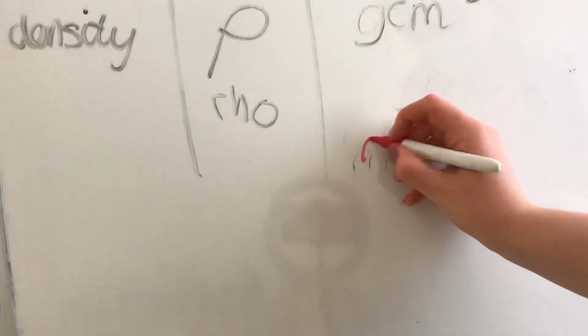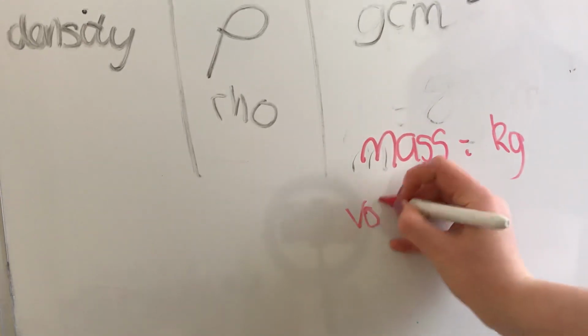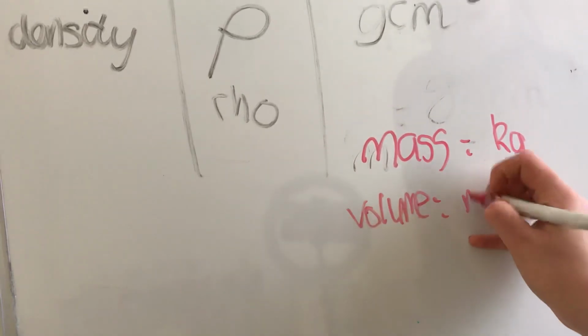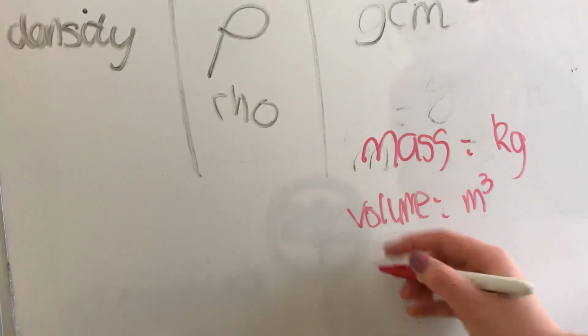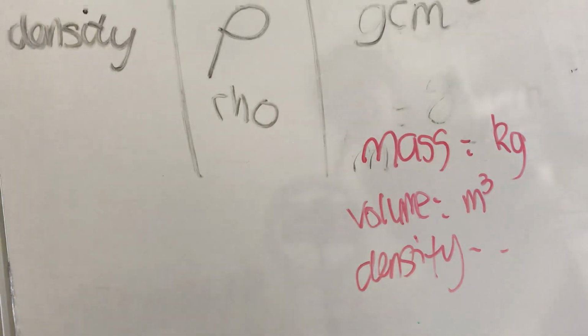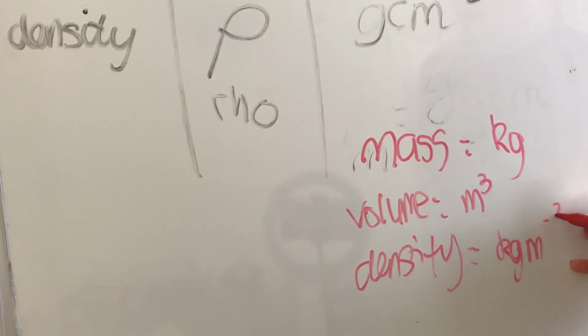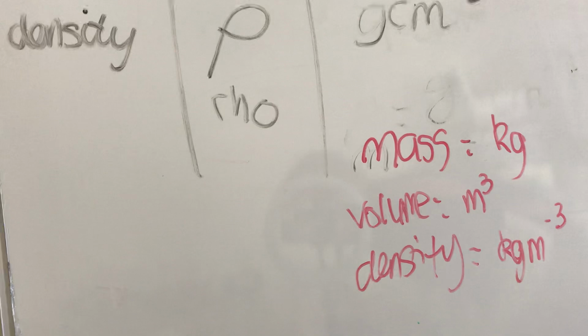You would have your mass in kilograms, and you would have your volume in metres cubed. So you put that together to get your density is equal to kilograms per cubic metre. Okay, so it just depends on what you're using. If you're using grams and centimetres cubed, it's grams per cubic centimetre. If you're using kilograms and metres, it's kilograms per cubic metre.